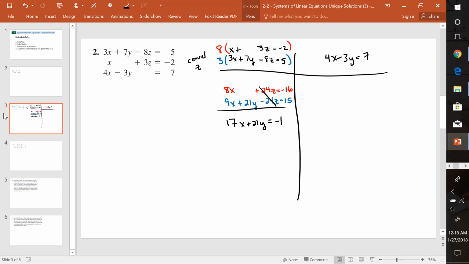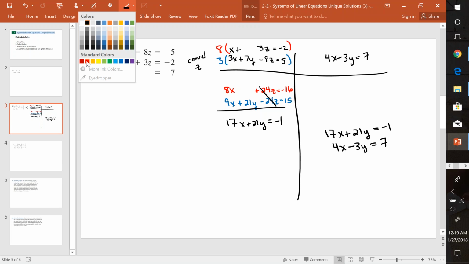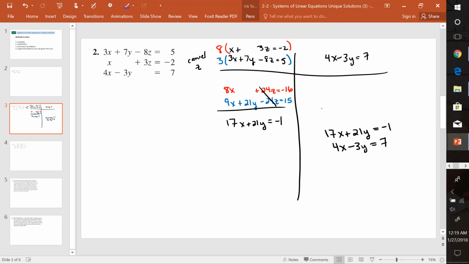So then once you get down to x and y only for both equations, for this one and for this one we just did, you'll want to take those two together and treat this like a regular two-variable system. And it looks to me like it'd be easier to cancel out the y's here. So I'm going to multiply everything in the bottom equation by a 7.